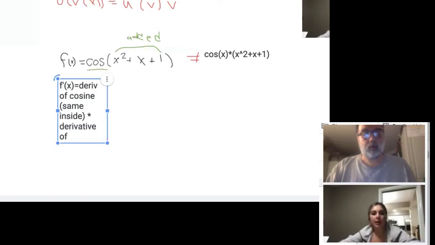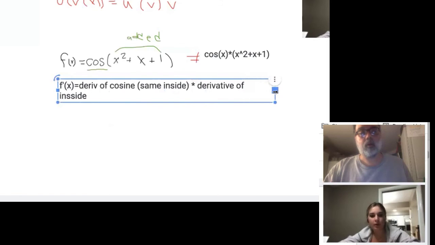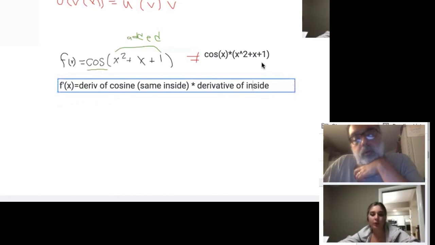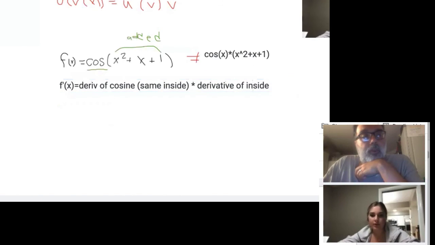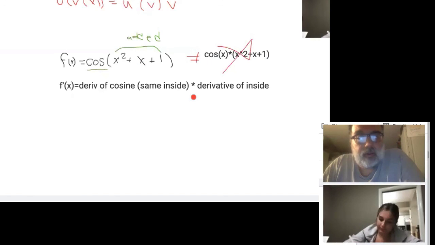So do you want to set it up with the way you wrote it out to the right of the equal sign in red up there? So it's going to be, okay, derivative of the cosine, same inside times the derivative. Okay, so you don't want to rewrite the regular cosine like we did last time. It would just be the one derivative times both. Right? Because this is not what we're taking the derivative of. Right? We were saying that what we've got is something different.